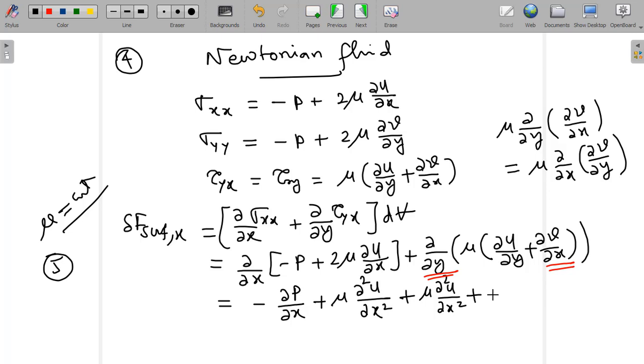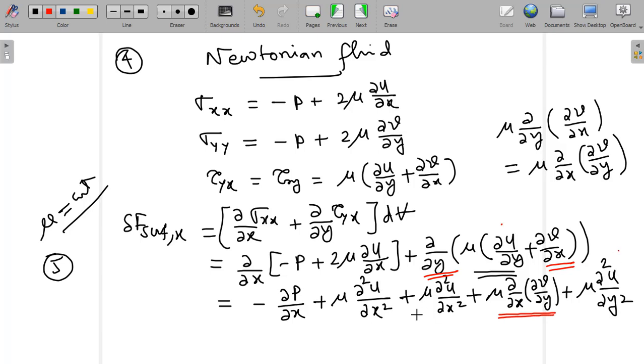So what that will lead to is mu into del del x of del v del y plus mu into del 2u del y2. Where are we getting this from? The first part, that means mu into del 2u del y2. So first we have written this red part, and then the first part, this one.